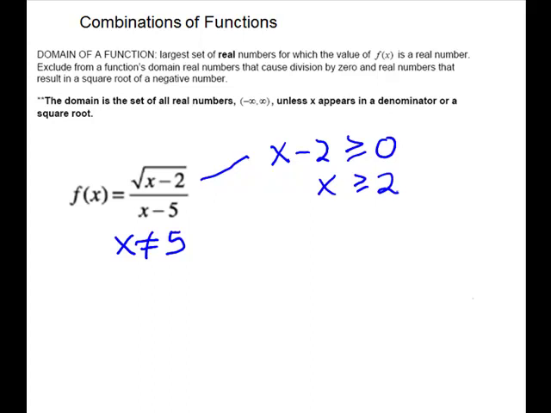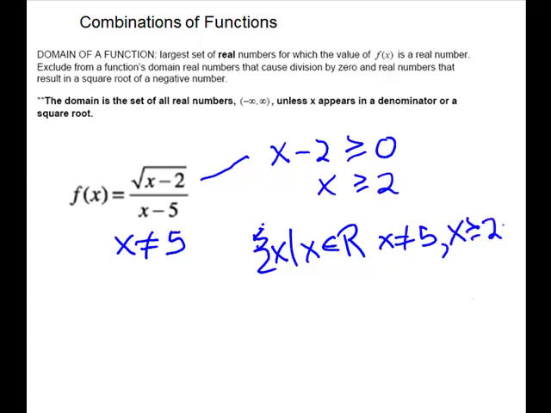So we can use set builder notation. x such that x is an element of the reals. x is not equal to 5. And x is greater than or equal to 2. And the other way is with interval notation.